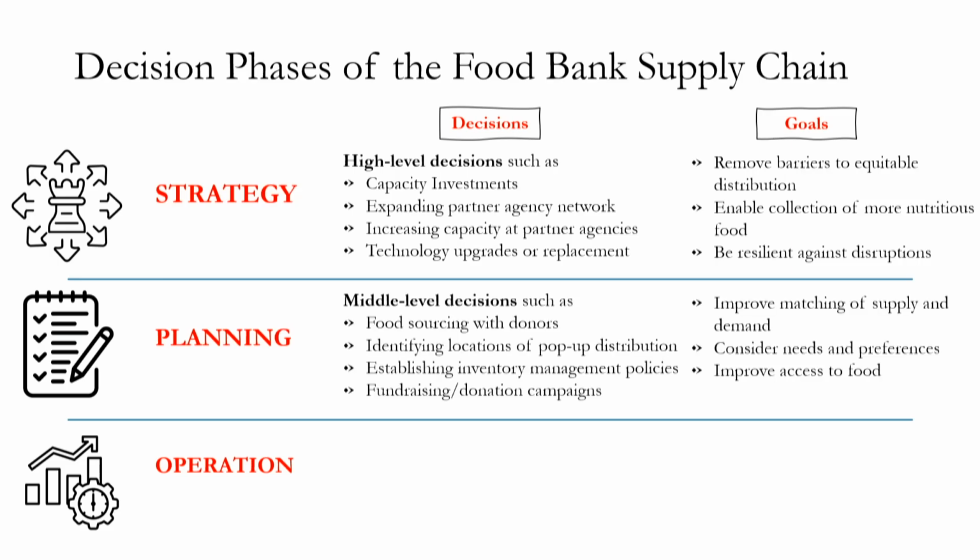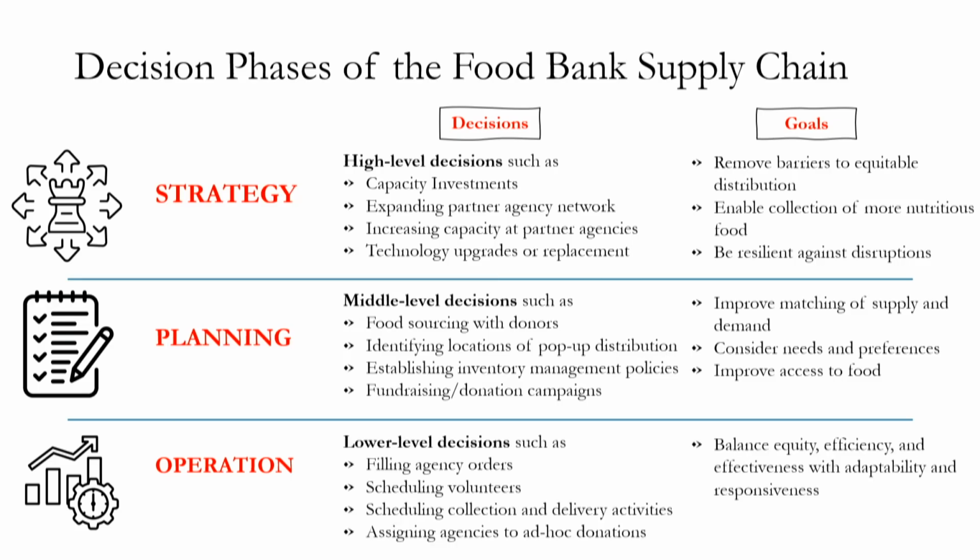Planning decisions have shorter time frames, usually about a year or a quarter, and these are more middle-level decisions involving issues such as food sourcing, identifying locations of pop-up distributions, and determining the allocation of food in their area. Food banks' goals for these are to improve the matching of supply and demand while considering the needs and preferences of their beneficiaries.